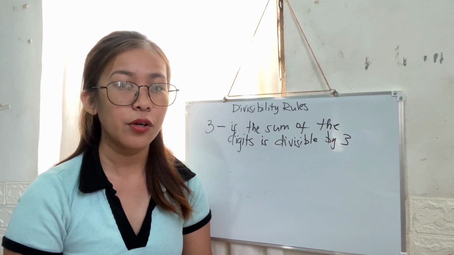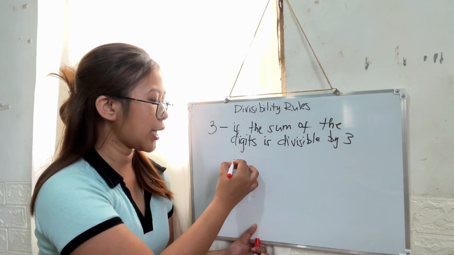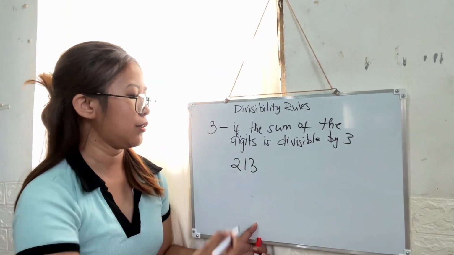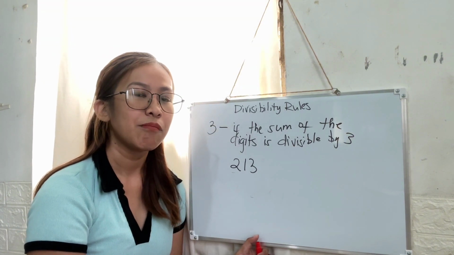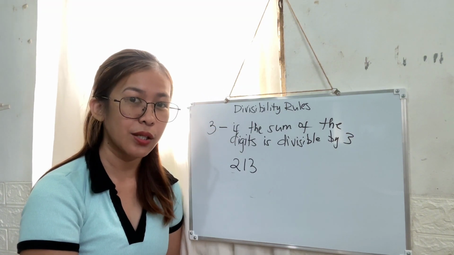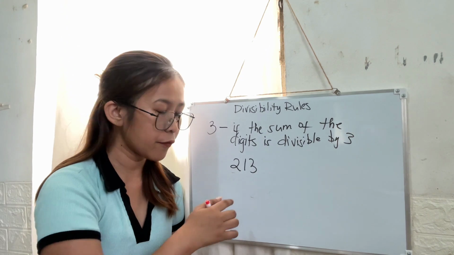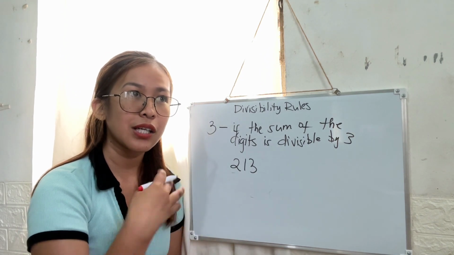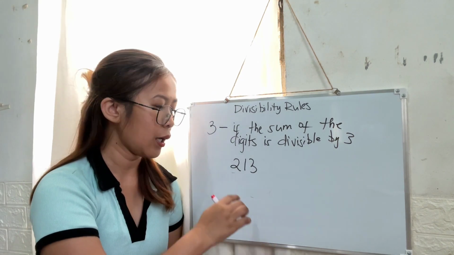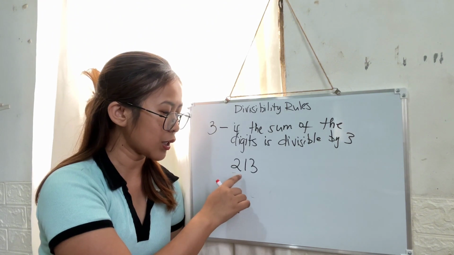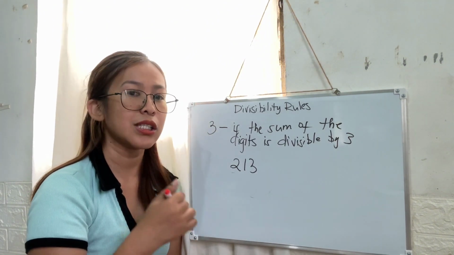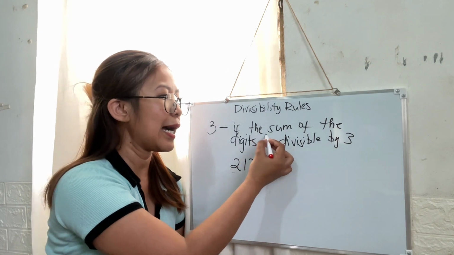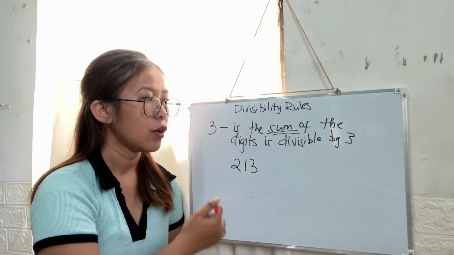Let's say, for example, we have here 213. Okay? So, sa unang tingin, parang di mo iisipin na madi-divide ba siya ni 3 or hindi. If you think of it in a deeper way, talagang madi-divide mo ito into 3 kasi 21 tsaka 3. Pero at some point, you will know that it's divisible by 3 when you add, because we need to get the sum of all the digits.